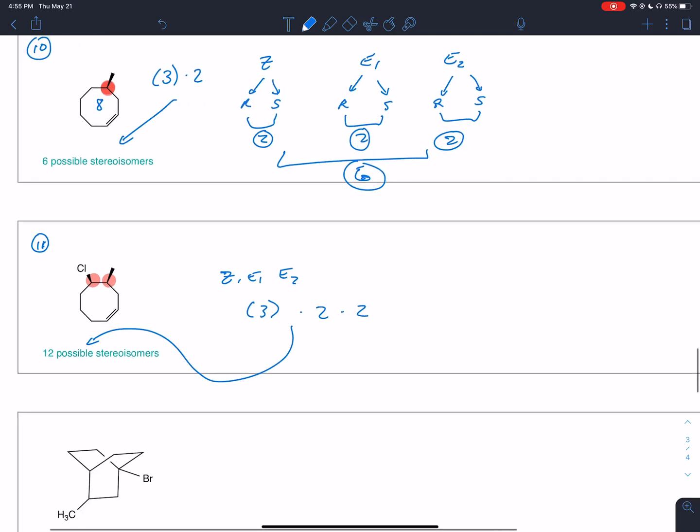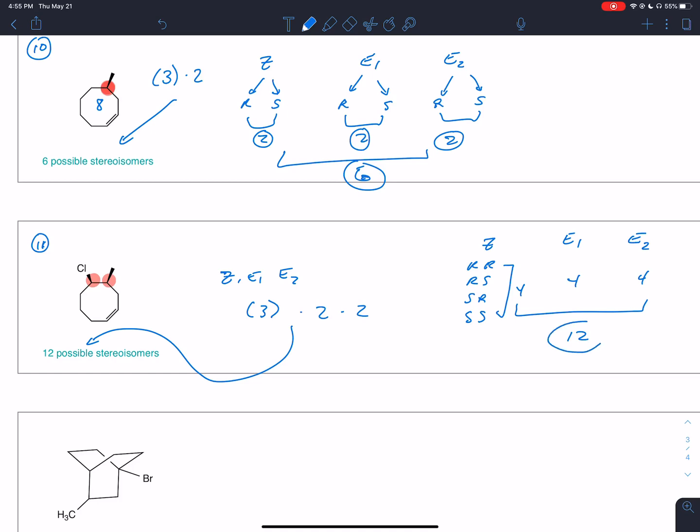If you wanted to prove this out for yourself, okay, you essentially could have the Z have RR, RS, SR, and SS. And you could also get those same 4 possibilities for the E helix 1 and E helix 2. Right, we have 4 possibilities for RS combinations, another 4. 4 plus 4 plus 4 gives you 12.